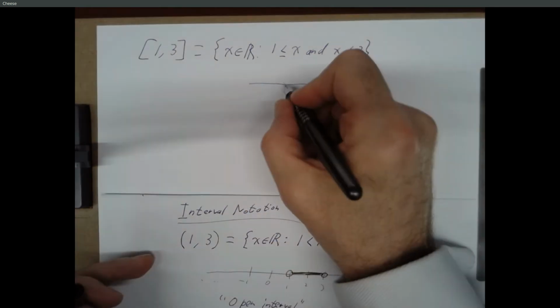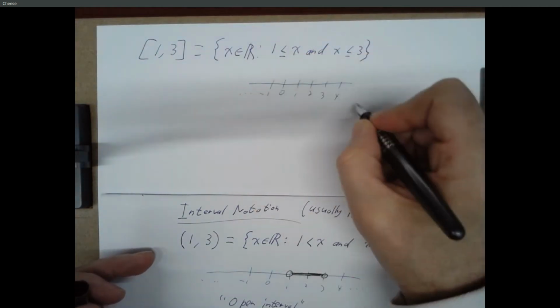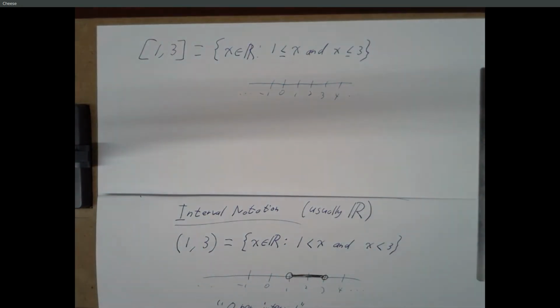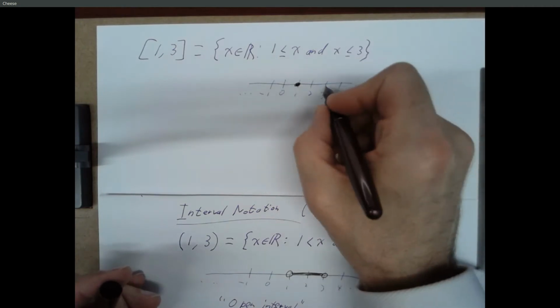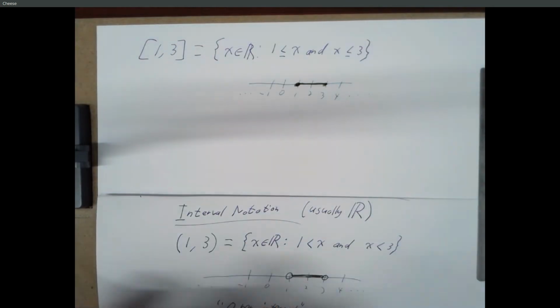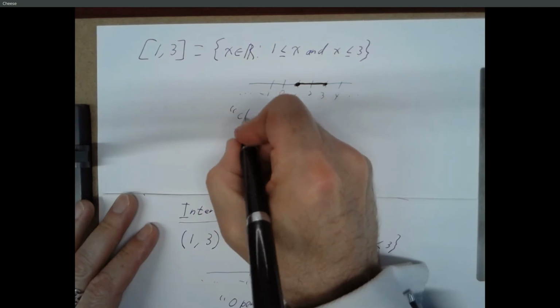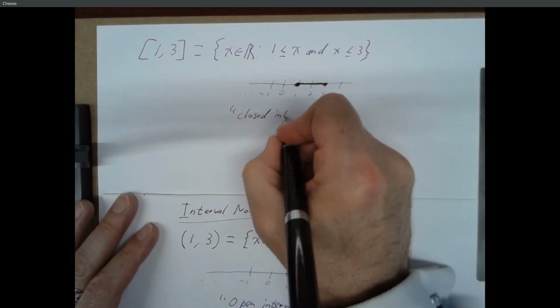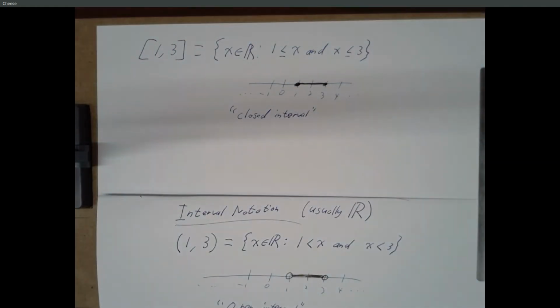So on a number line, this is that stuff in between 1 and 3, but including the endpoints, so we draw filled in circles to show that inclusion. And this is called a closed interval. And these pop up a lot, so we have this special notation for representing these things.